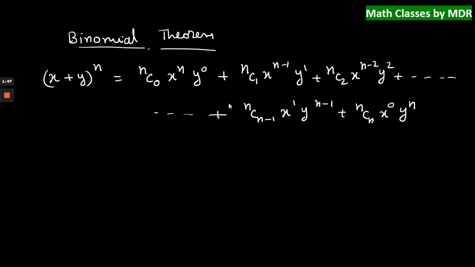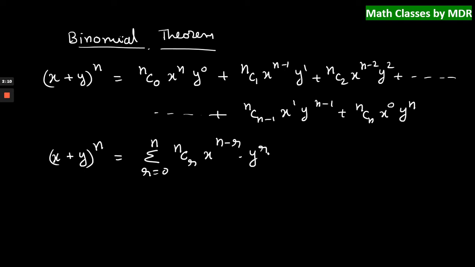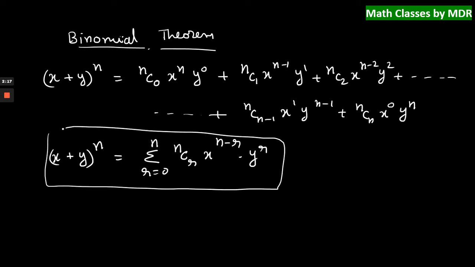In other words, we can write it in general form by using sigma: sigma r is equal to 0 to n, nCr x to the power n minus r into y to the power r. This is the general format that you can use to expand a binomial.